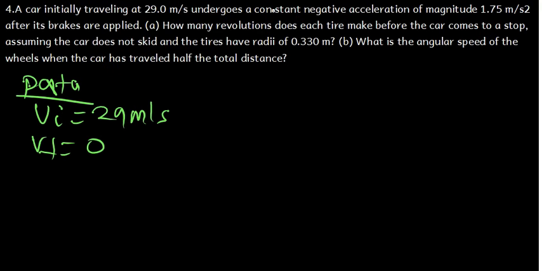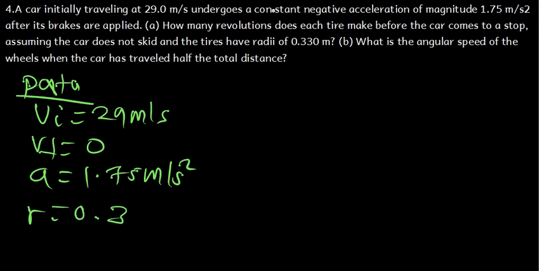We have been told that the acceleration is 1.75 meters per second squared. The question now is how many revolutions does each tire make before the car comes to a stop? We also have the radius to be 0.33 meters.